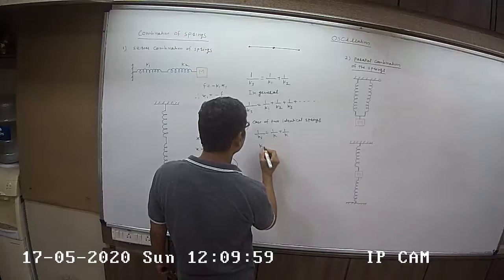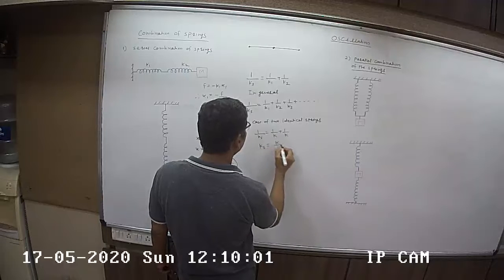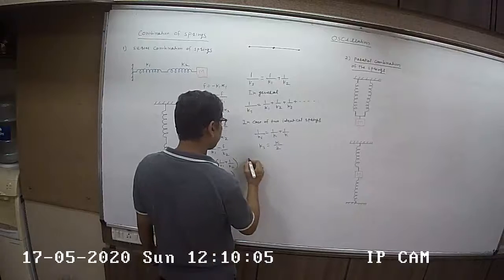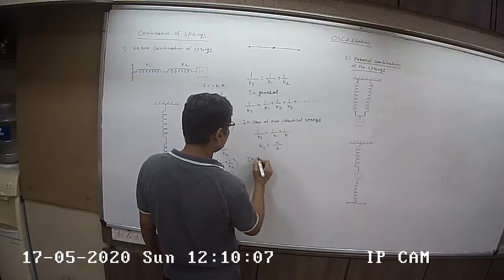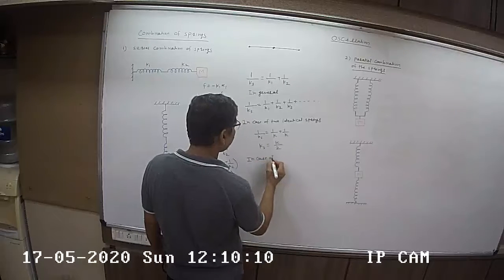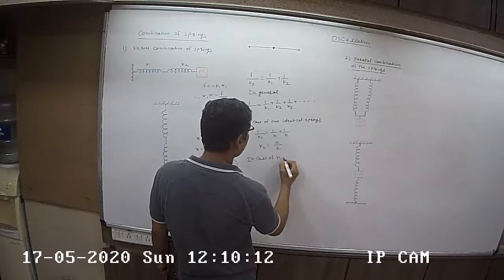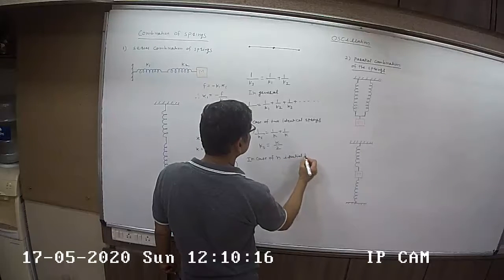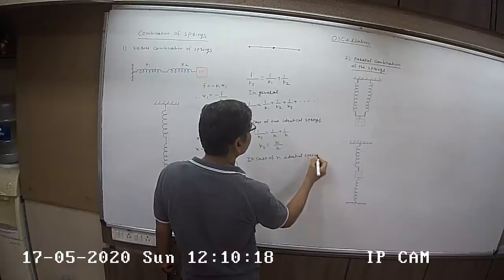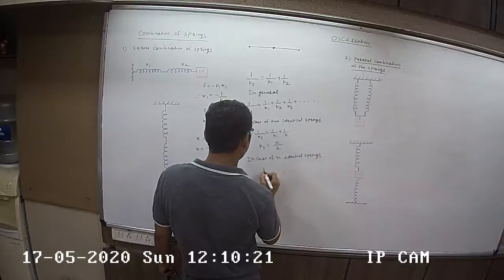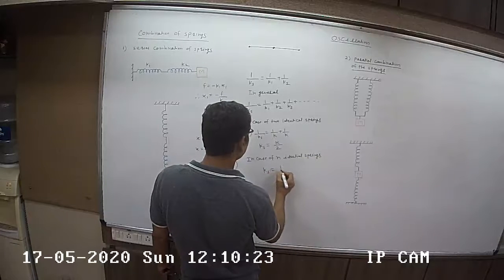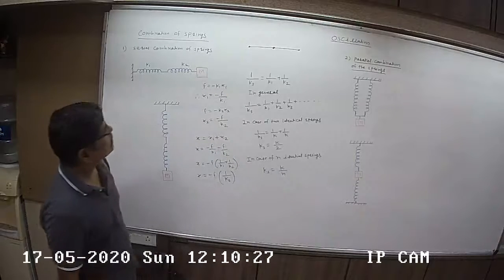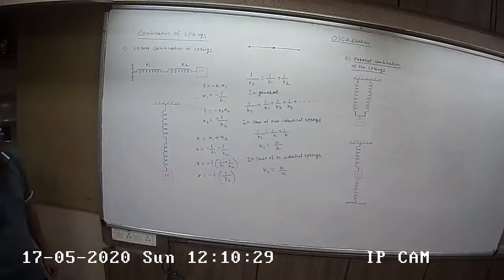Now if I generalize it, in case of n identical springs, Ks will be equal to K by n. That is in case of identical springs. You got it?